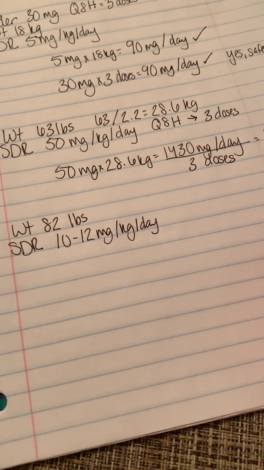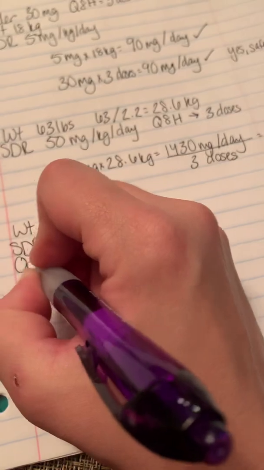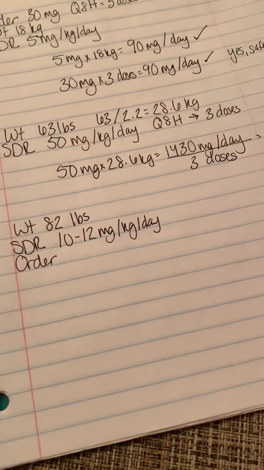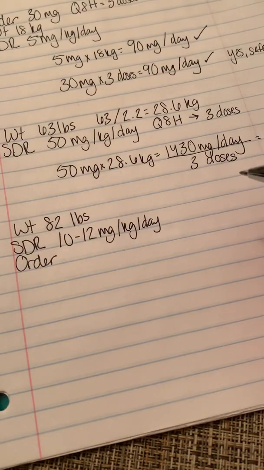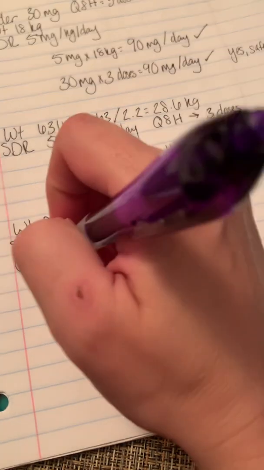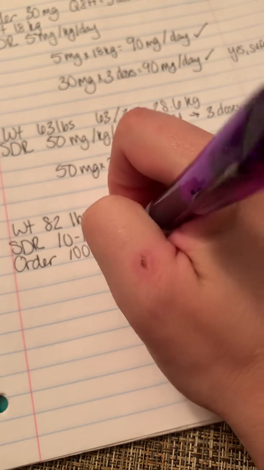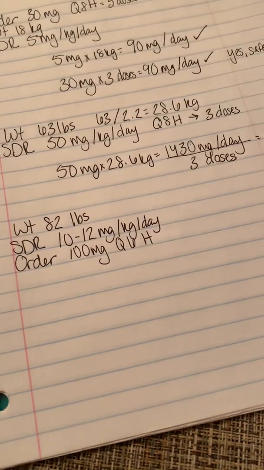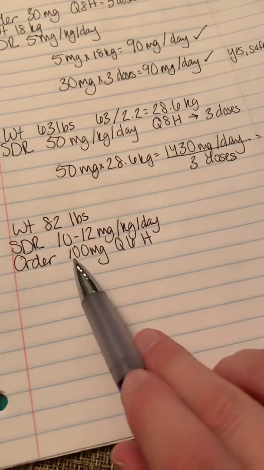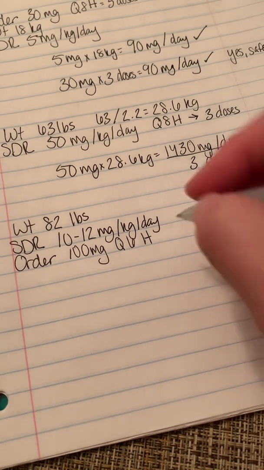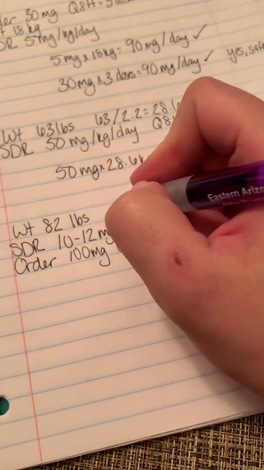Okay, so I want to know what the safe dose range is, and then my order is for 100 milligrams Q6 hours. Okay, so I need to know what the safe dose range is and if this order is safe.